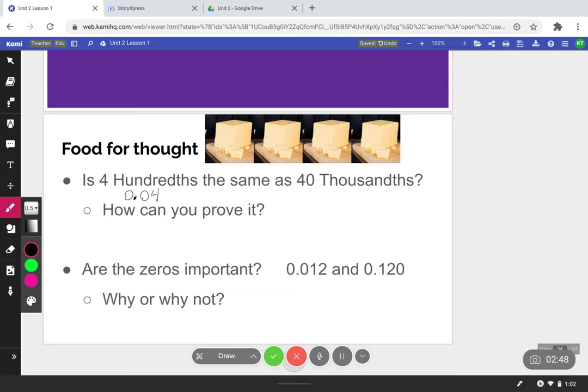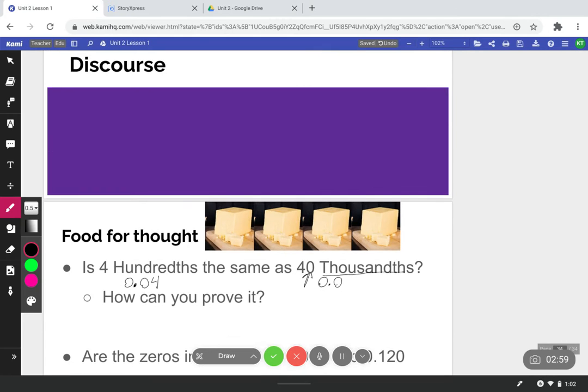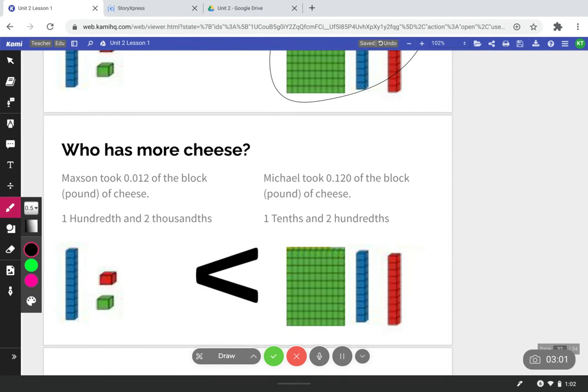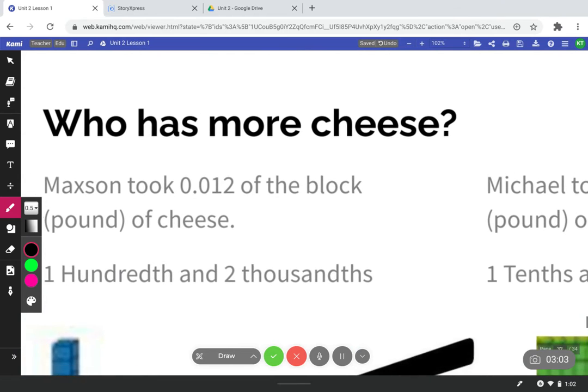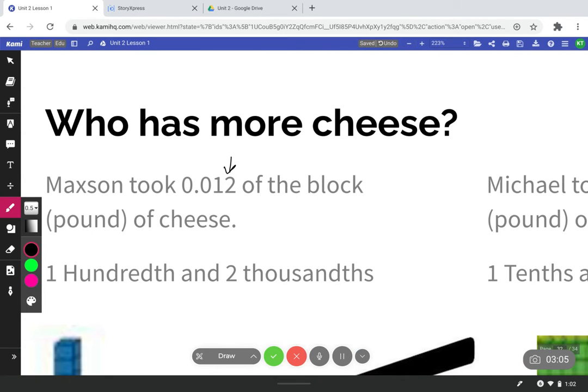Now 40 thousandths. 0. So the 0 right here in 40 needs to be in the thousandths place. Because just as we did up here with Maxon, you see how 12 is the last number? That's why we did 12 thousandths. 2 is in the thousandths place.